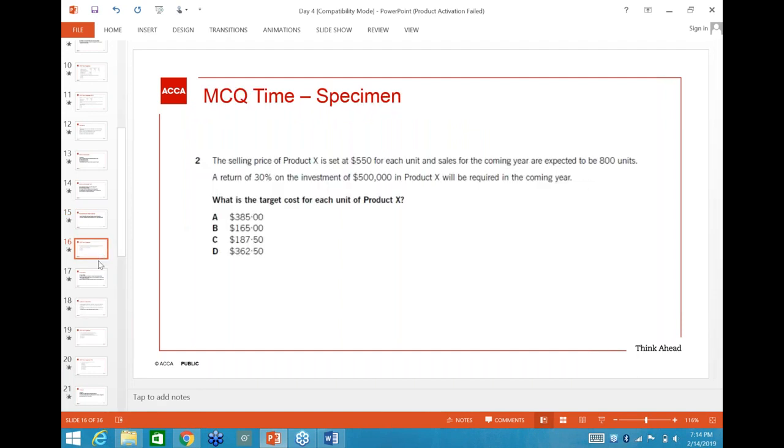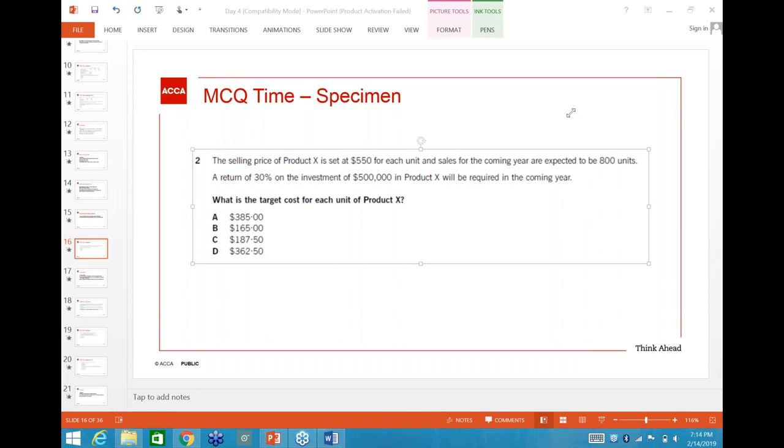Okay, right. A very simple MCQ. The selling price of a product is set at 550, so that's your target selling price. They're asking for the target cost now. So target cost is target selling price minus target profit, 550 minus... they are saying we are investing 500,000 and we are expecting a return of 30%.